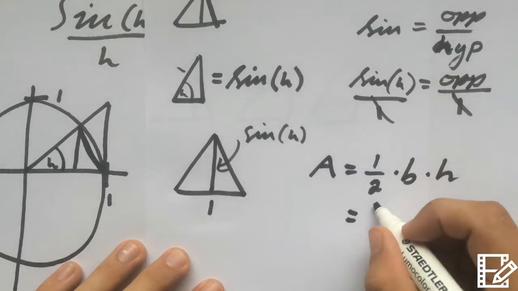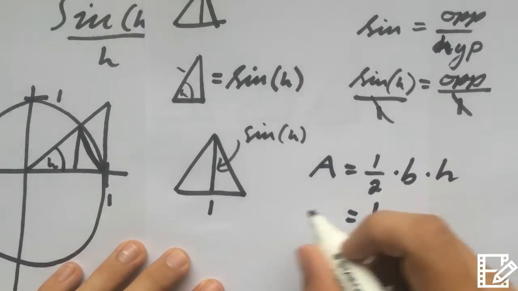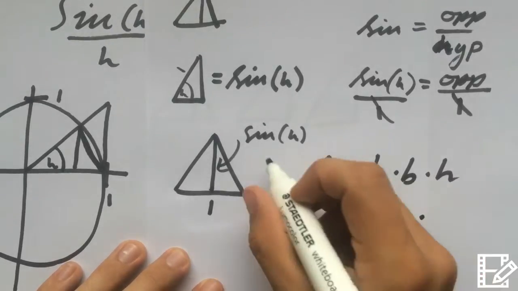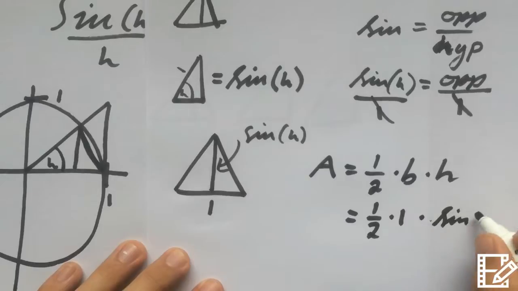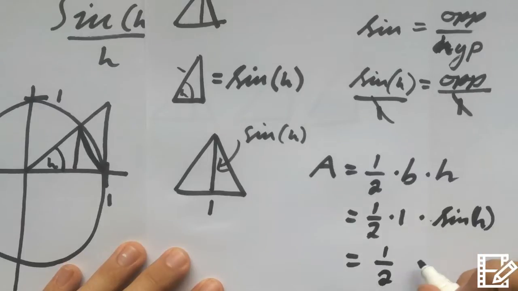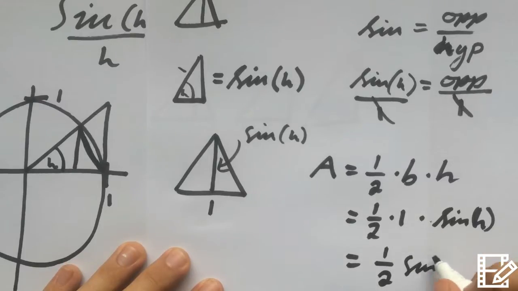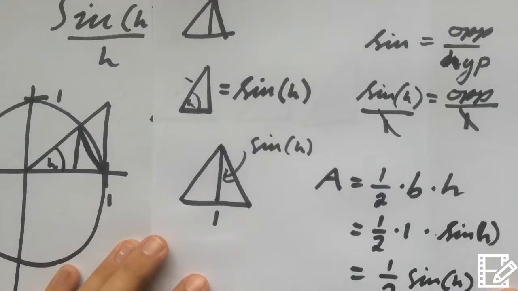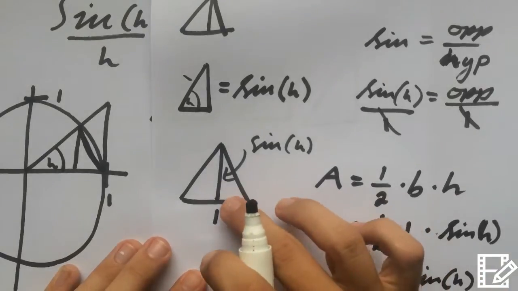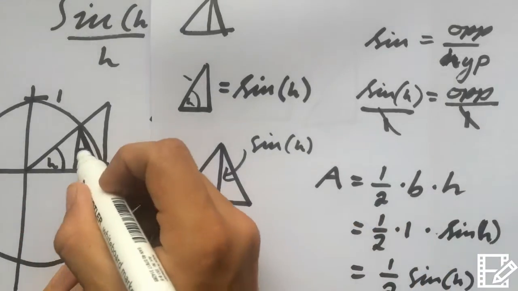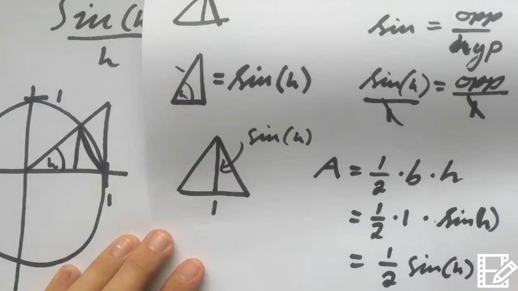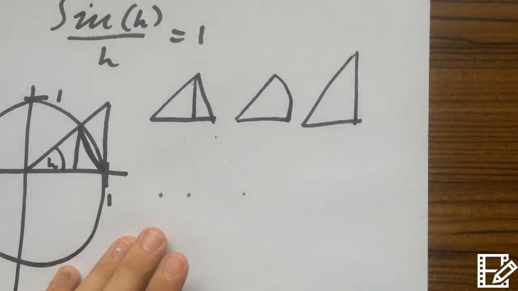So half multiplied by the base, which is 1, multiplied by the height, which is sine h, just equals half of sine h. Okay, now that we've established that, the area of the first triangle, the smallest one, is half sine h.